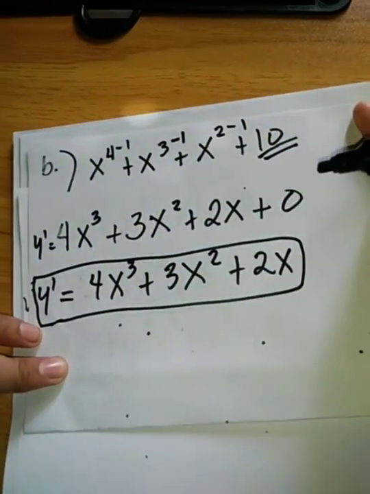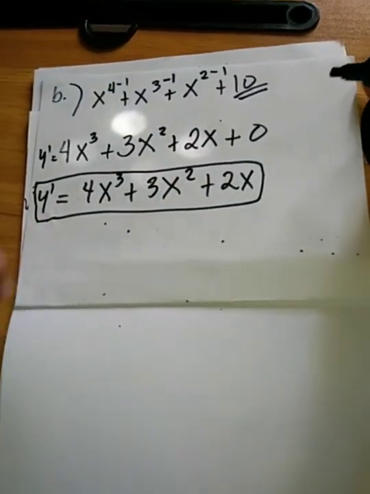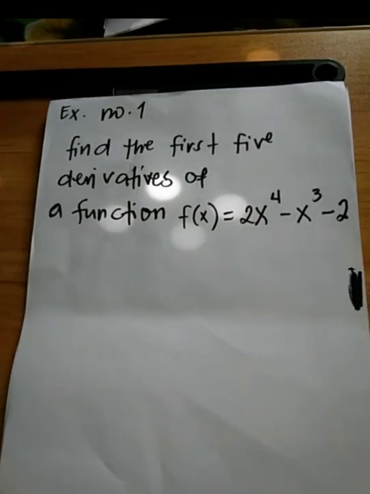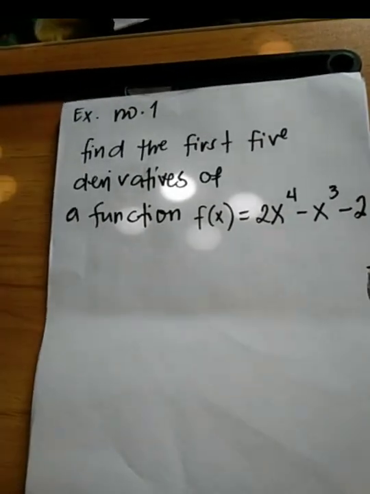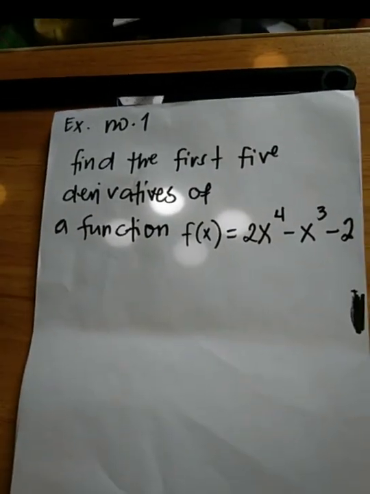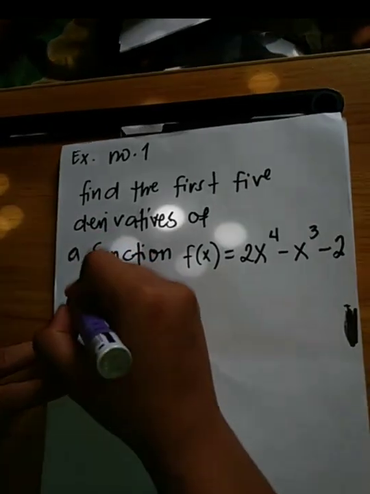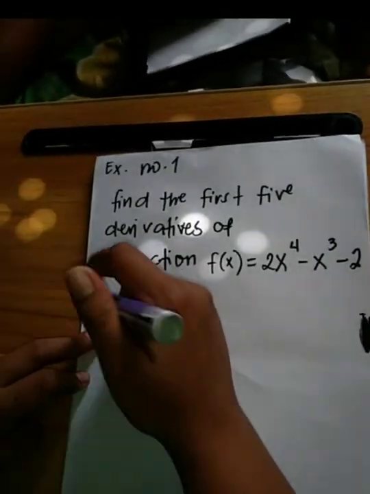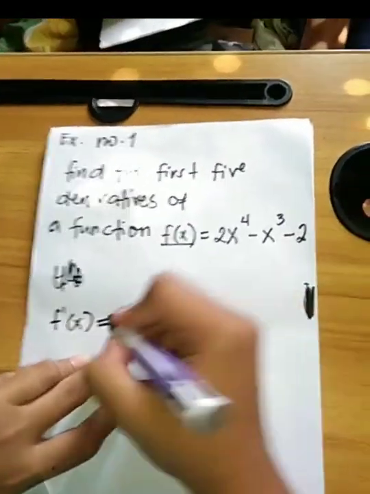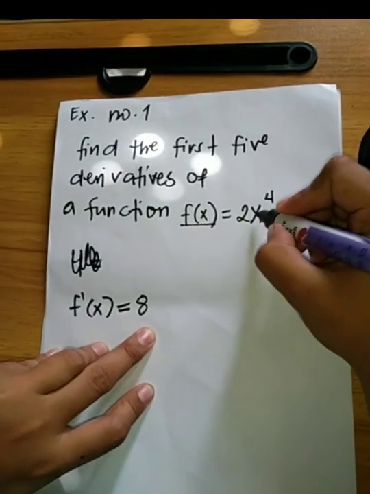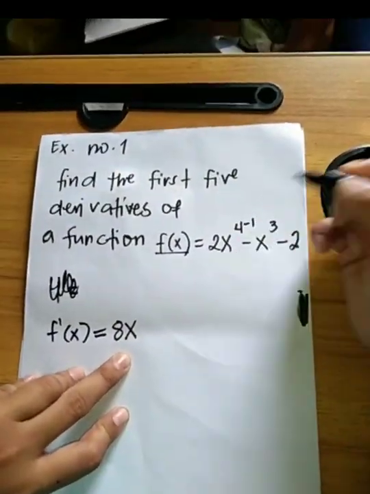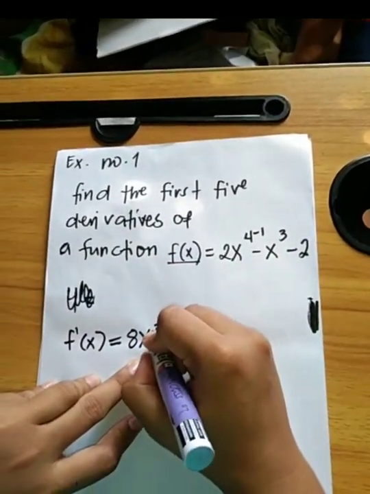I hope you guys already know how to apply the power rule. Going back to the function earlier, find the first 5 derivatives of the function 2x raised to the power of 4 minus x cubed minus 2. It is going to be equal to 2 times 4, which is 8. And then we put x, and then 4 minus 1 is 3.